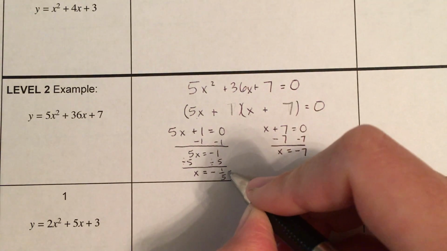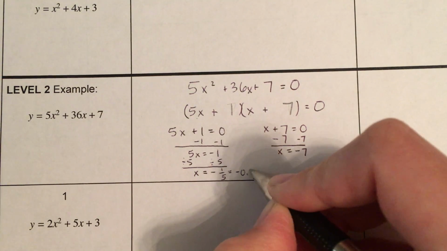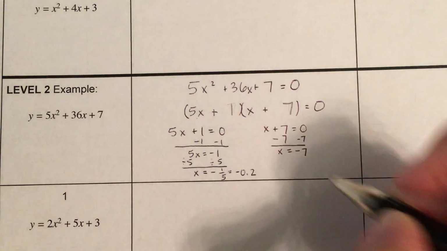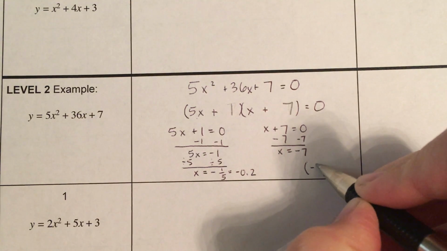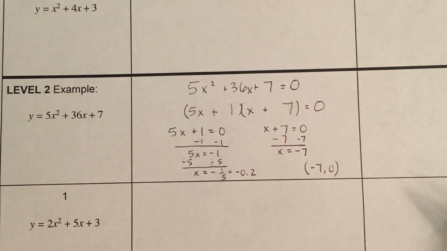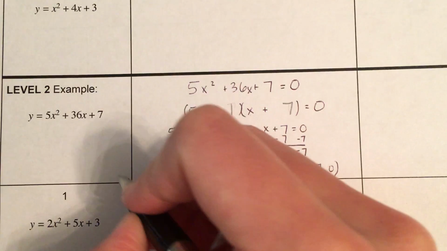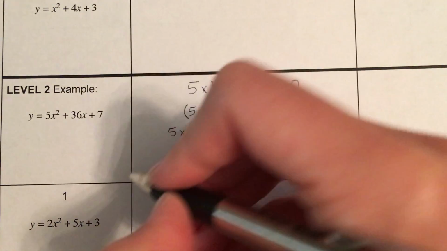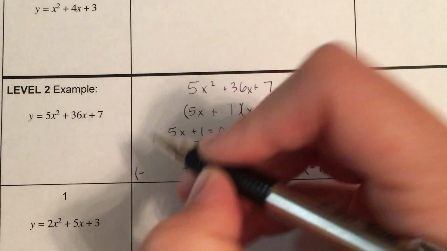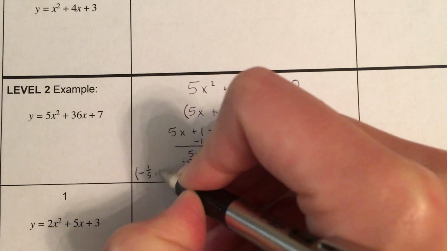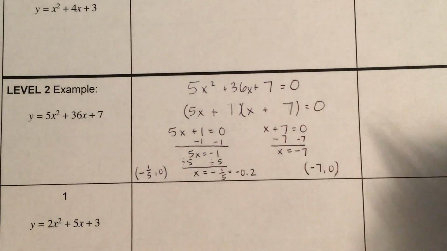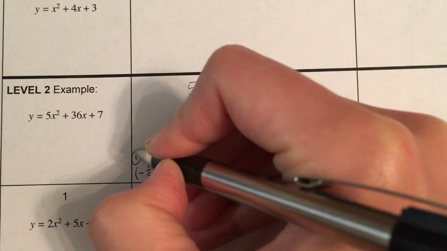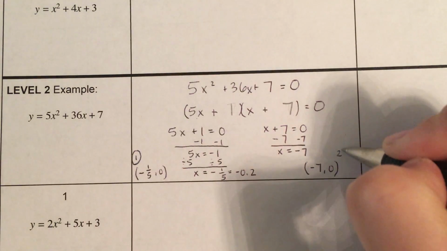Also the same as negative 0.2 if you put it in your calculator. Okay, so this is the point negative 7, 0. And this is the point negative 1/5, 0. Or if you're more comfortable using a decimal, that's fine. So this is x-intercept number 1, x-intercept number 2, doesn't matter the order.